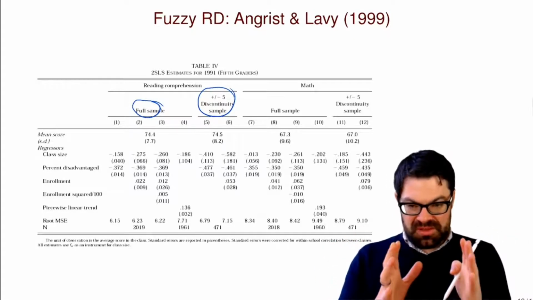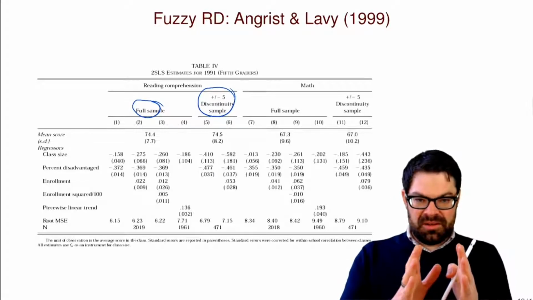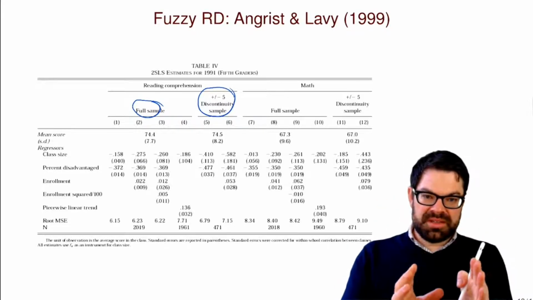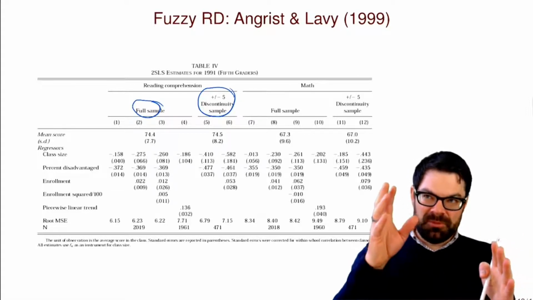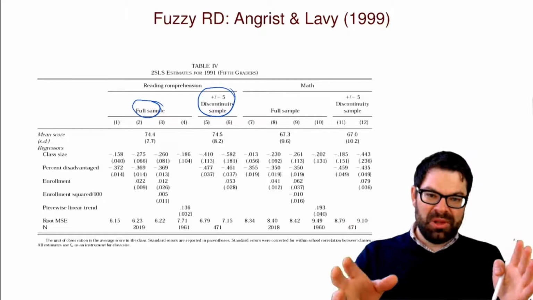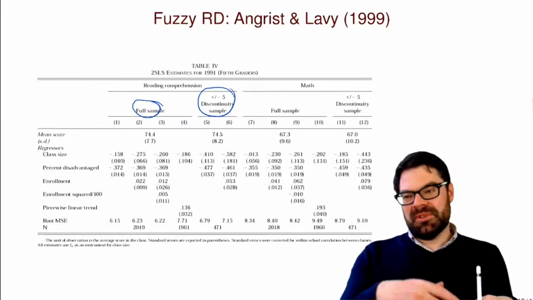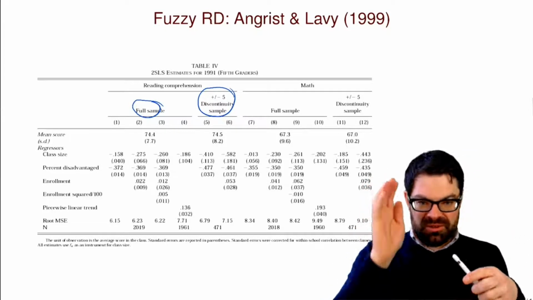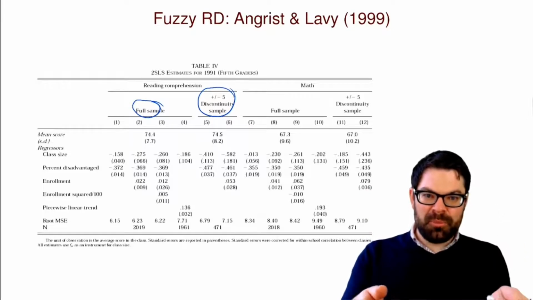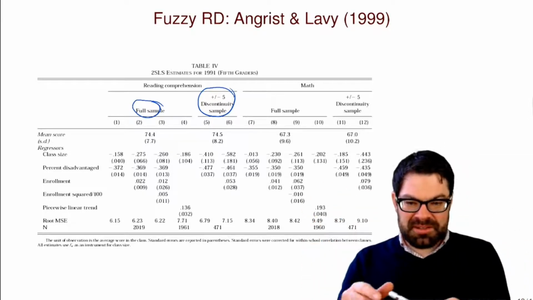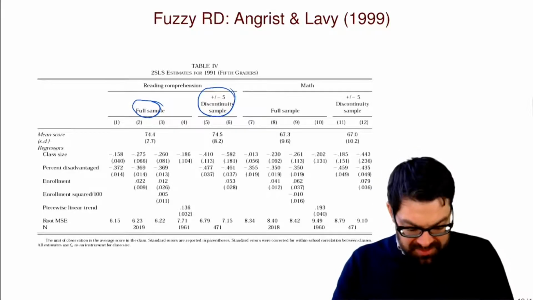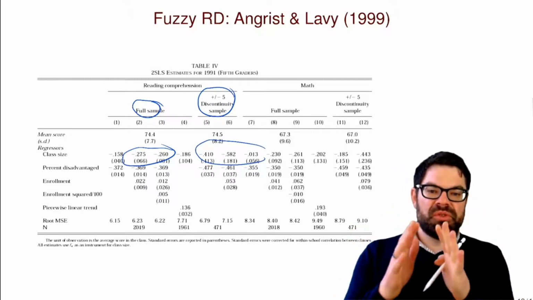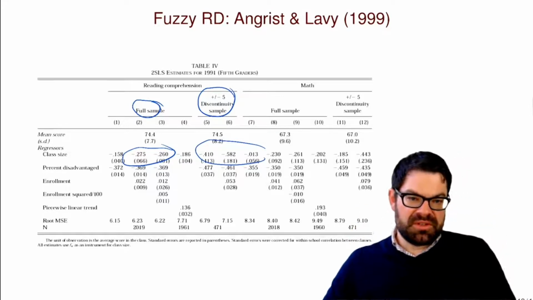So they only consider cohorts that are up to 5 above and up to 5 below that threshold. If the threshold is 40, they consider between 35 and 45, but nothing beyond that. And you can see here that the effects are much larger, and they're even larger when we zoom into those discontinuities.